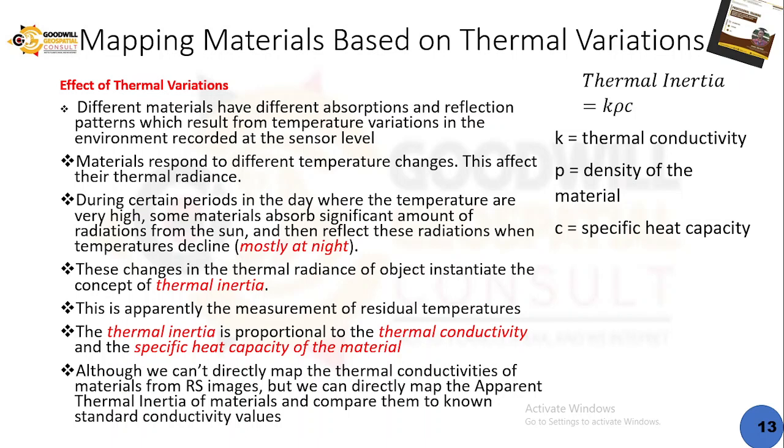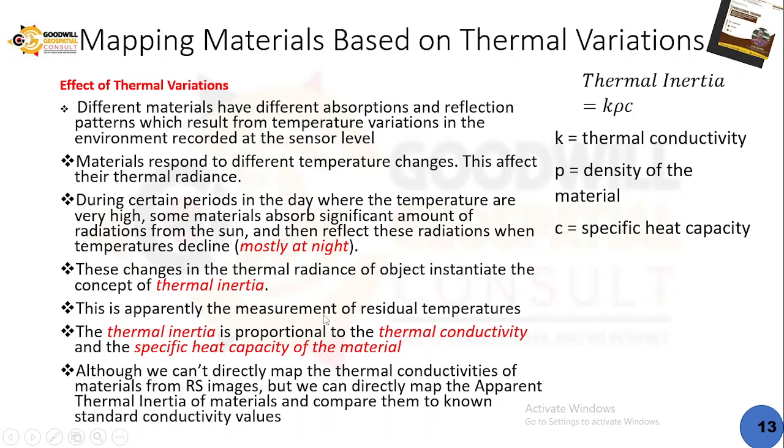But thermal inertias are really hard to find, so we can rely on the thermal conductivity value. Since the thermal inertia here is proportional to the thermal conductivity values, we can use simple proportionality to get the thermal inertia values in the images.